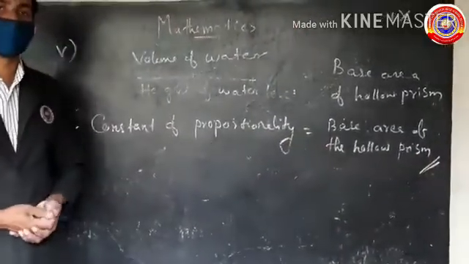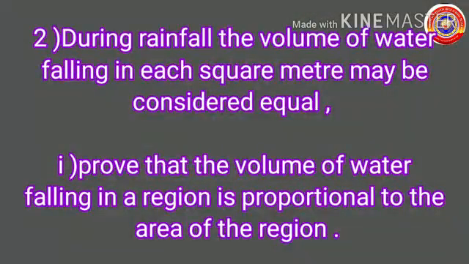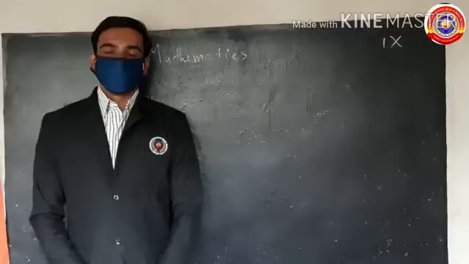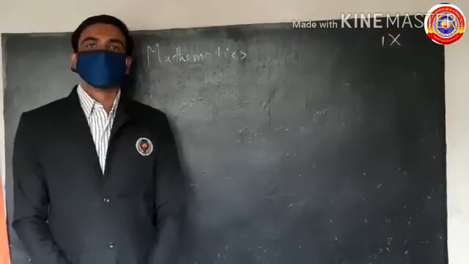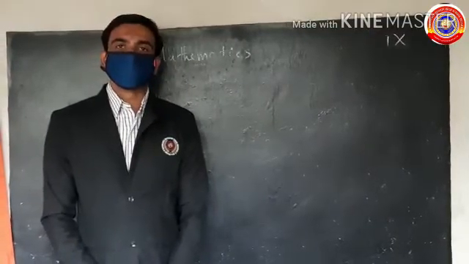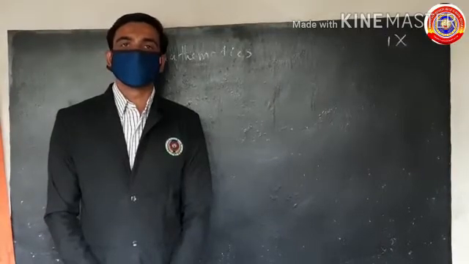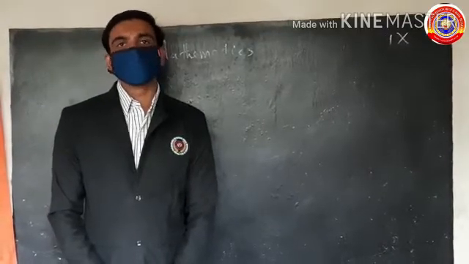In the second question, during rainfall, the volume of water falling in each square meter may be considered equal. Then we have to prove that the volume of water falling in a region is proportional to the area of the region. Let's start. Since the volume of water falling in each square meter is equal, the heights of water level are equal.